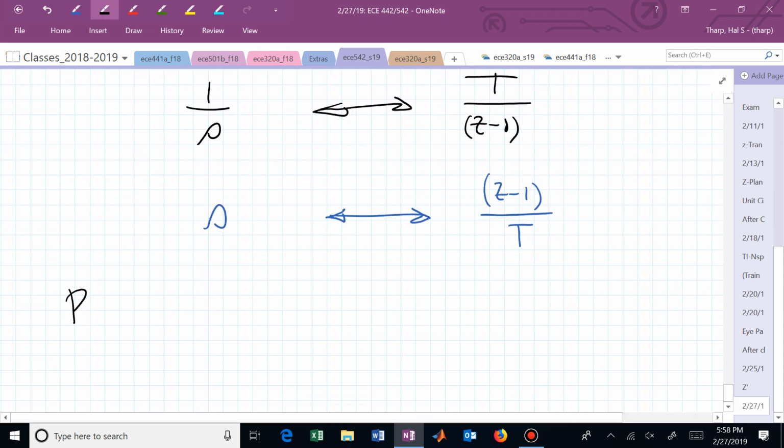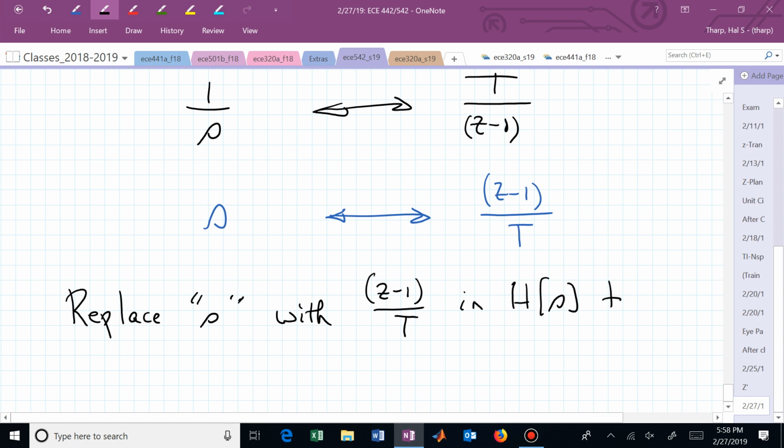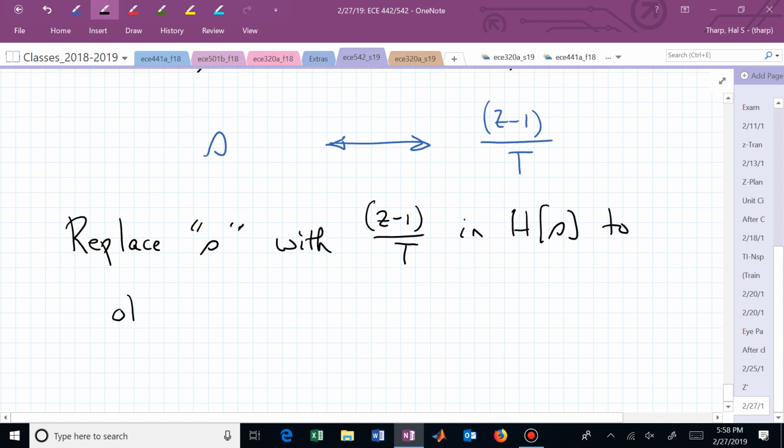Or we can replace s with z minus 1 over T in H of s to actually obtain the H of z.